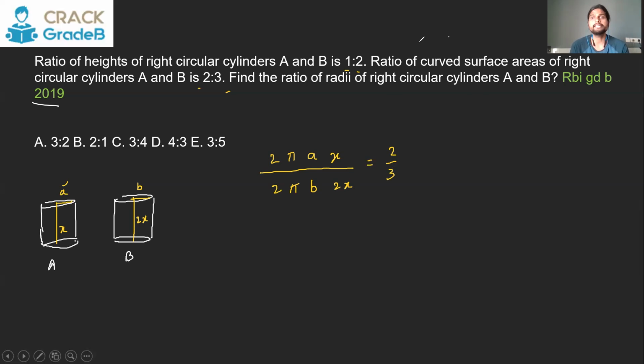The ratio of the curved surface areas is given as 2/3. So 2 pi can get cancelled like this. x can get cancelled like this. This 2 will go here. So that gets us a upon b is equal to 4/3. That means the ratio between the radii is 4:3. Option number D should be the answer. Easy. Let's see one more.